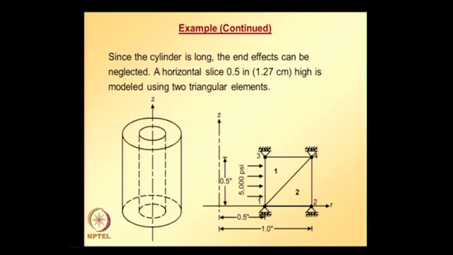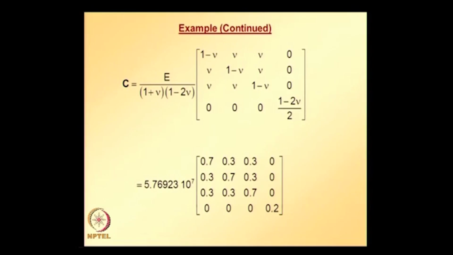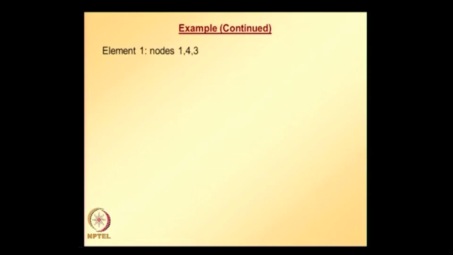So, with this understanding, let us get started. This is the constitutive matrix definition, and substituting the Young's modulus and Poisson's ratio values that are given for this problem, we get C to be this one. And looking at the geometry of these two triangular elements, we can easily figure out the coordinates of all the nodes.